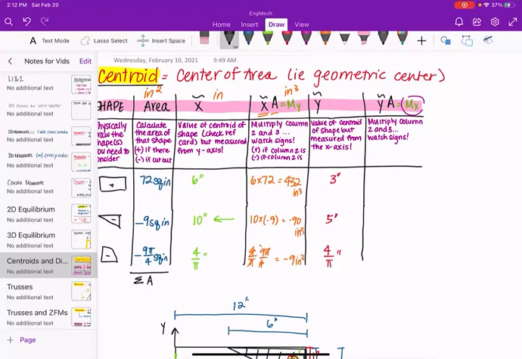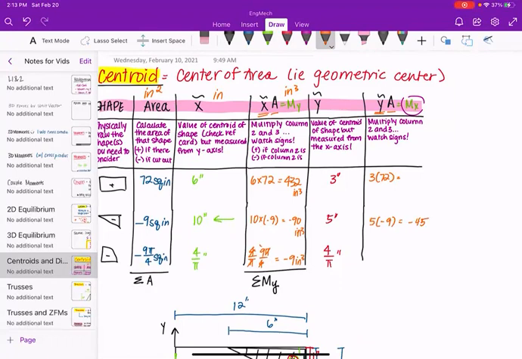And then again, you go down here and you sum all of them. That's the sum of the moments about the y-axis. And then for this one, you do the same thing. It's the y tilde that you got times the area. So it would be 3 times 72. And then it would be 5 times -9, so -45.